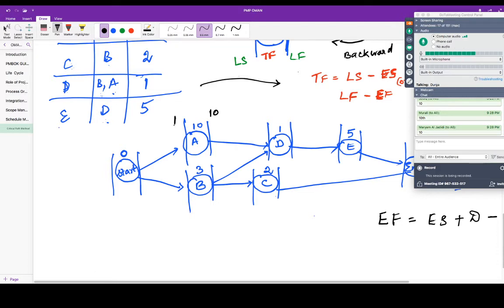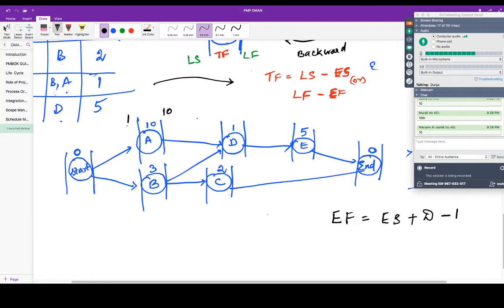Early start plus duration minus 1. The early start is 1. 1 plus 10, 11. 11 minus 1, 10. Right? So this is the logic.